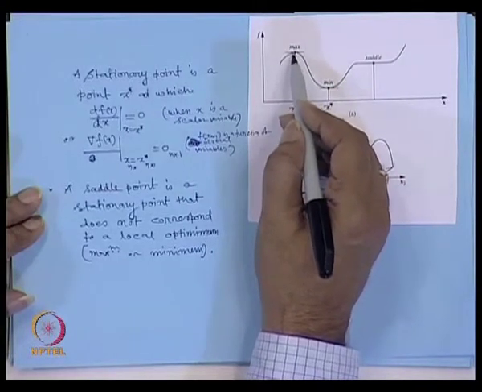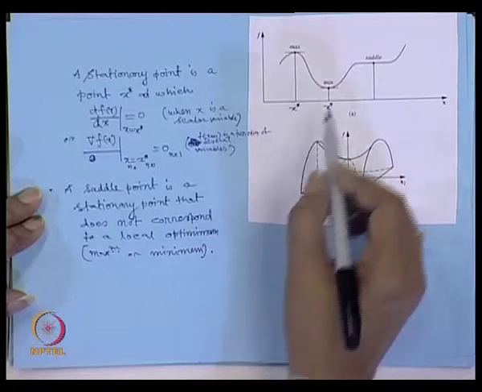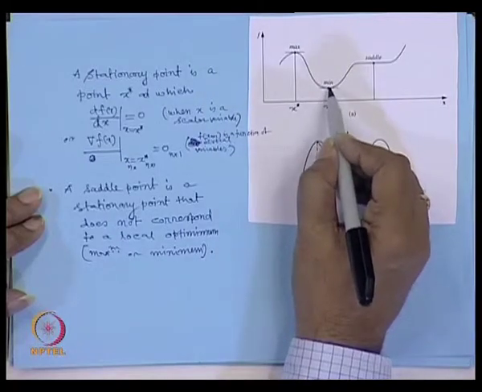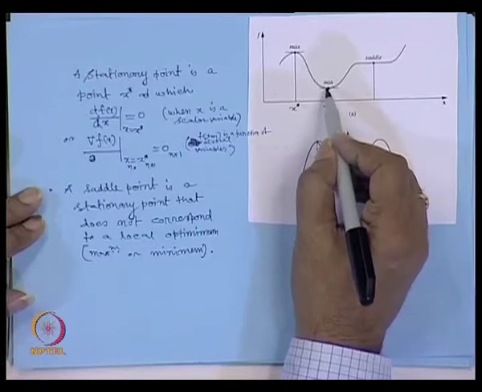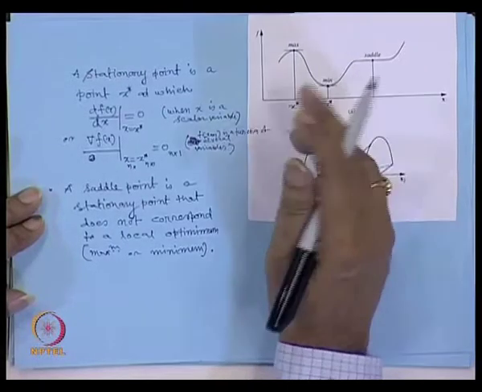So, we are getting the maximum value of this function here, and this is the minimum value of the function. At this point, that slope is again 0. So, for scalar case, if the function value at that point is minimum or maximum or optimum, the derivative of the function value is 0.